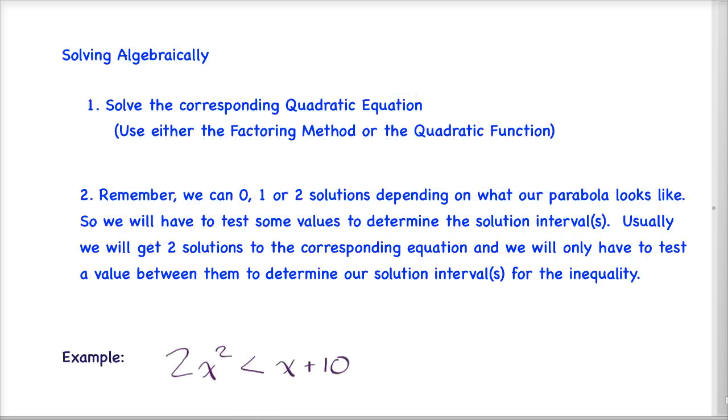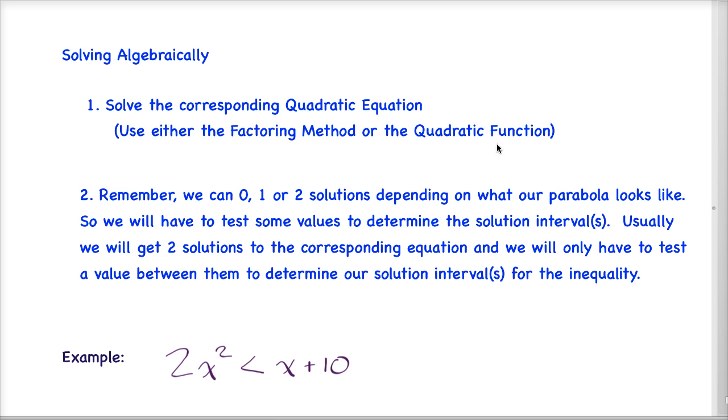And then our last thing that we're going to talk about is if we wanted to solve this algebraically. So the first step we would do is solve the corresponding quadratic equation. So we have ax squared plus bx plus c equals 0, right? We'd want to solve that equation. And we can use 2 methods. We could either use the factoring method or the quadratic formula, right?